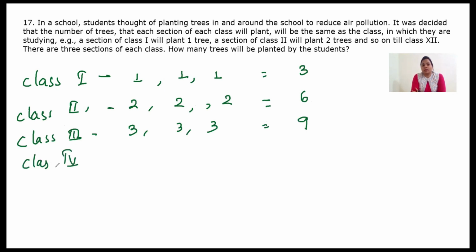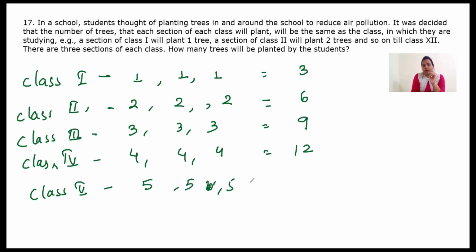Class 4 will plant 4, 4 and 4 because there are 3 sections. Totally they will plant 12 trees. Similar way, class 5 will plant 5, 5, 5, that is equal to 15. Class 6 will plant 6 into 3, that is 18.